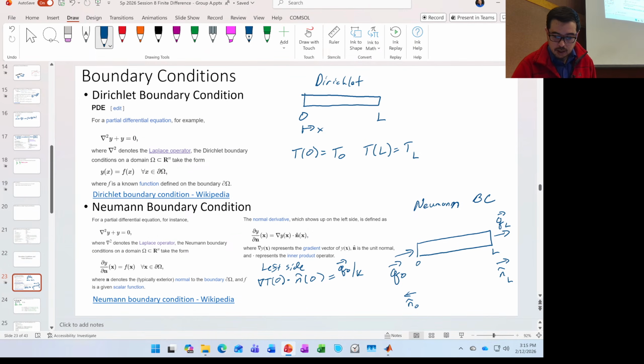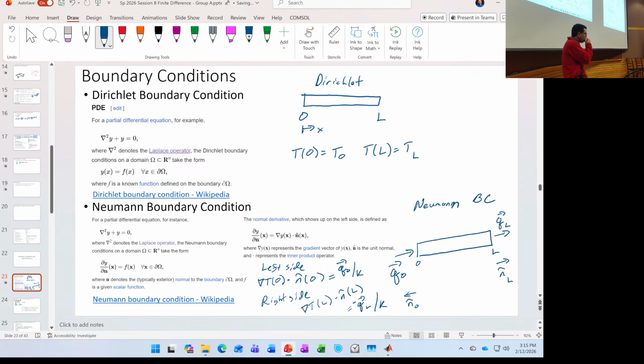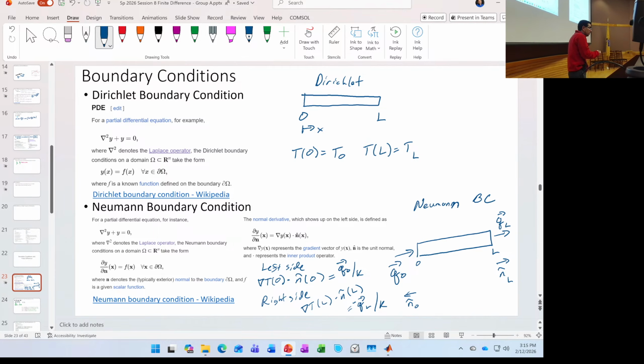So the right side would have a gradient in temperature dotted with the normal vector, and this would be equal to the QL, and it's negative over K. So this is how we represent some of the inputs that you put into a system.